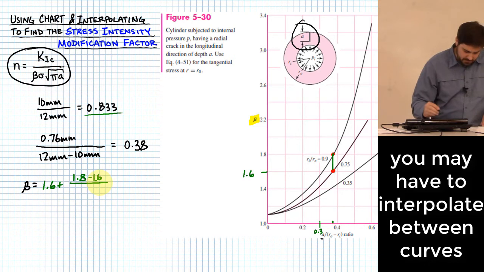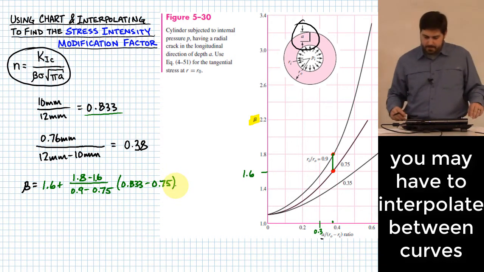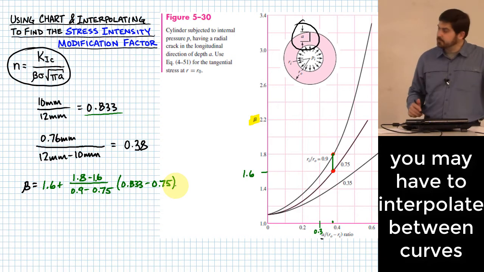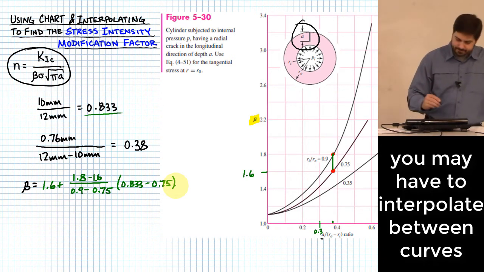I'll take that and divide by 0.9 minus 0.75, and I'm going to multiply this by the difference between 0.833 and 0.75, to interpolate beta.